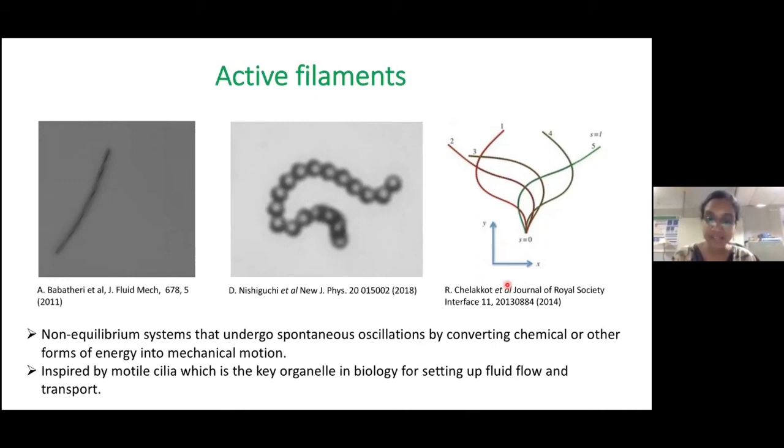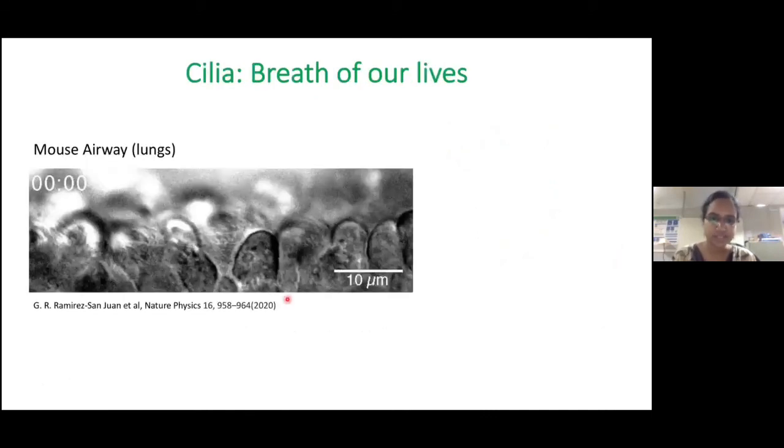Cilia are a key organelle in biology, used to set up fluid flow and transport. This is how our lungs look like. You're looking at an epithelial layer of the lungs, and these hair-like structures that are faintly visible right now are cilia, and their function is to beat in the fluid and set up fluid flows.